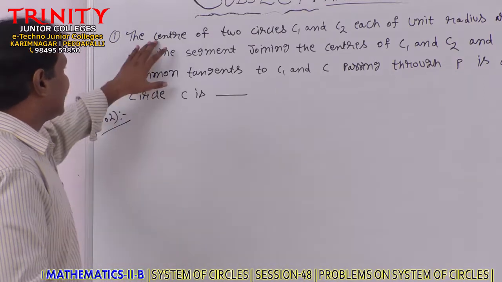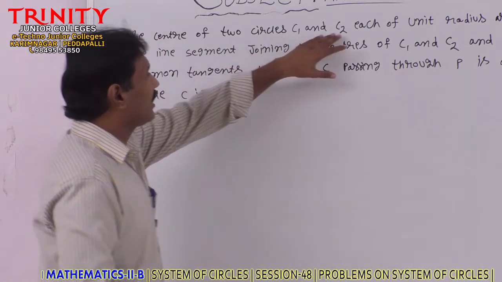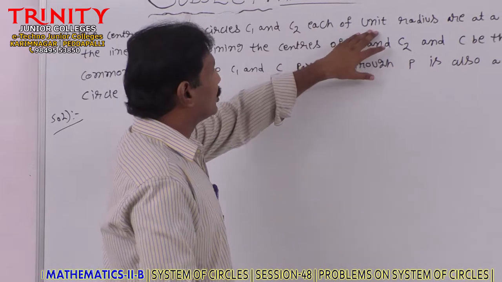First, the information: the centers of the two circles C1 and C2, each of unit radius.